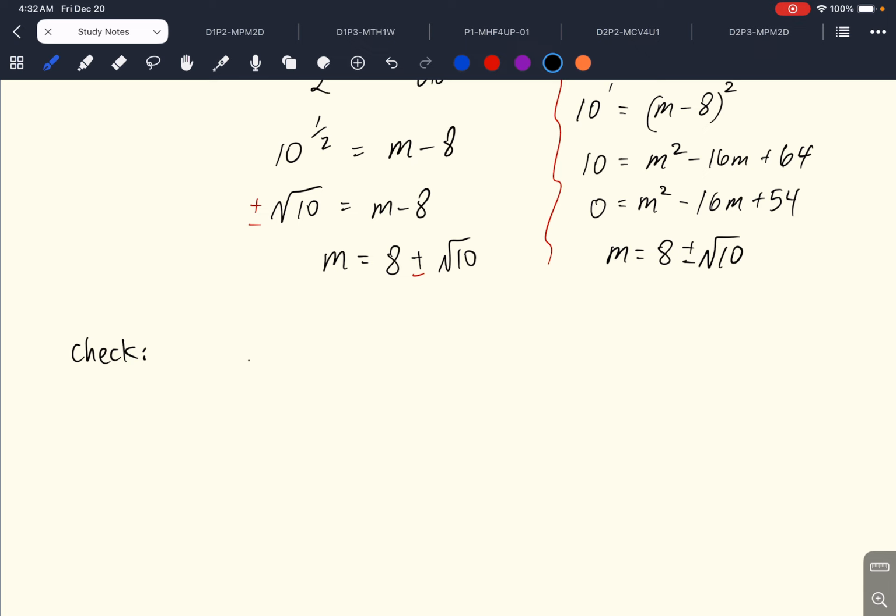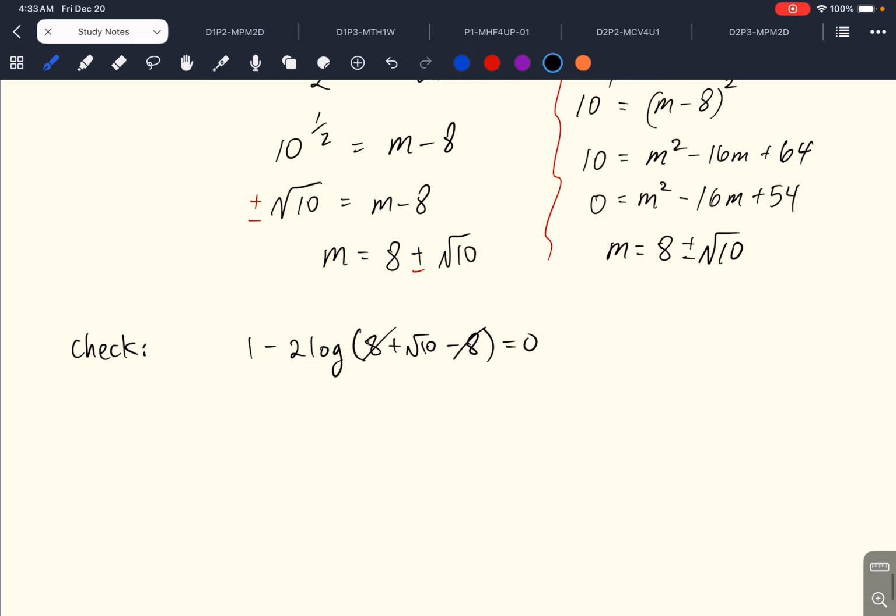I'm going to substitute into 1 minus 2 log of m minus 8, replacing m with 8 plus the square root of 10, so 8 plus the square root of 10 minus 8 equals 0. The 8's cancel, and so we have 1 minus 2 log of the square root of 10 equals 0.